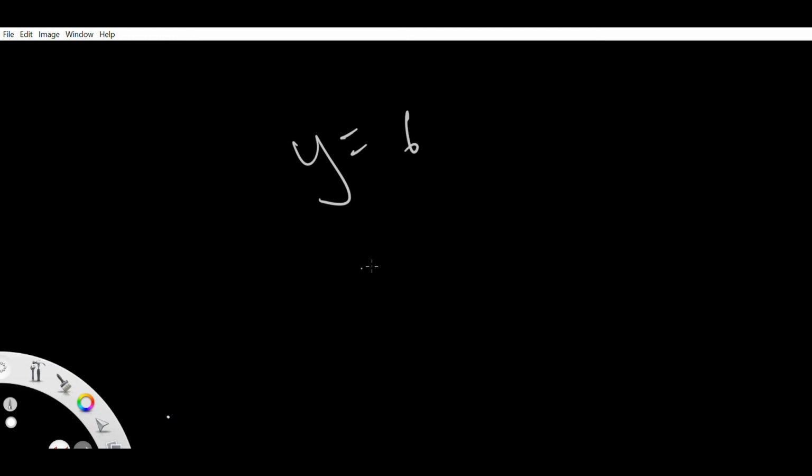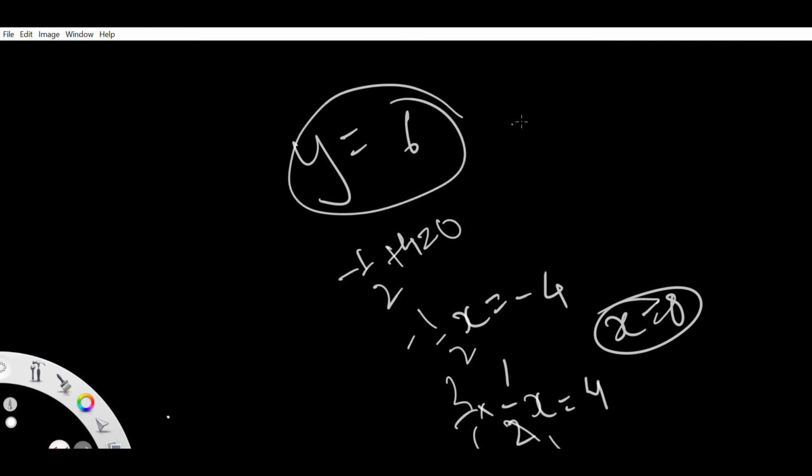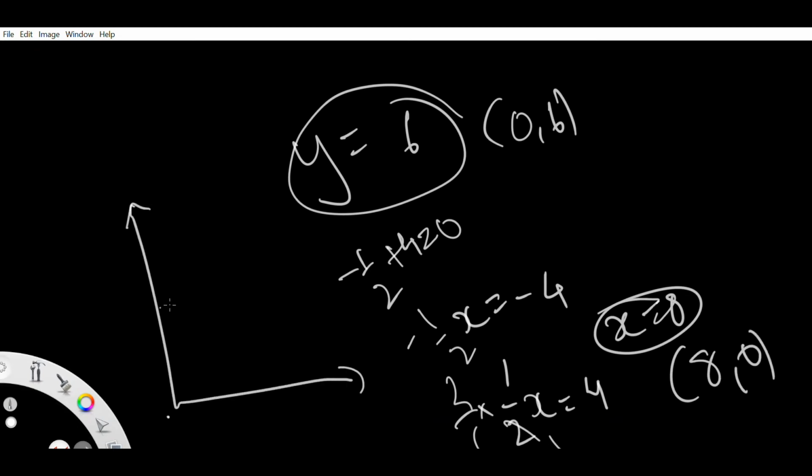And similarly, you will get negative 1/2x plus 4 is equal to 0, and negative 1/2x is equal to negative 4. So 1/2x is equal to 4, and you would multiply both sides by 2 to get x is equal to 8. And these would be our x and y-intercepts, so (0, 6) and (8, 0). And the line would look something like this. So it's a downward slope.